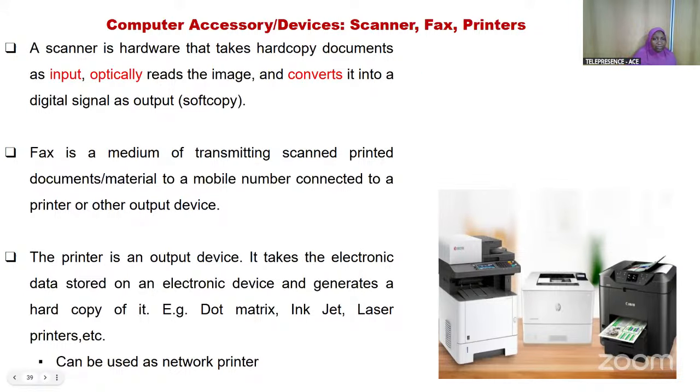Computer accessories like scanners, fax machines, printers. Scanners, you can take your hard copy document, it's going to convert it into an output, and you get the soft copy of your document, which you may decide to print at a later time, or you keep it as a soft copy.